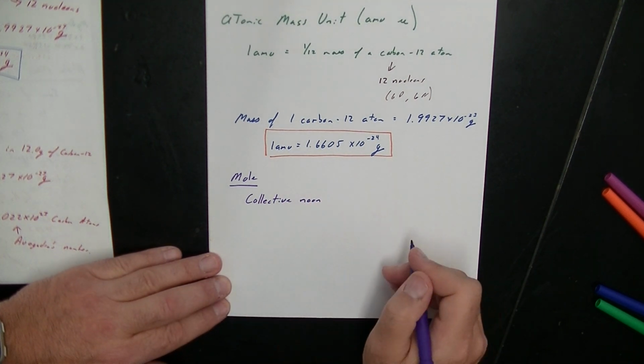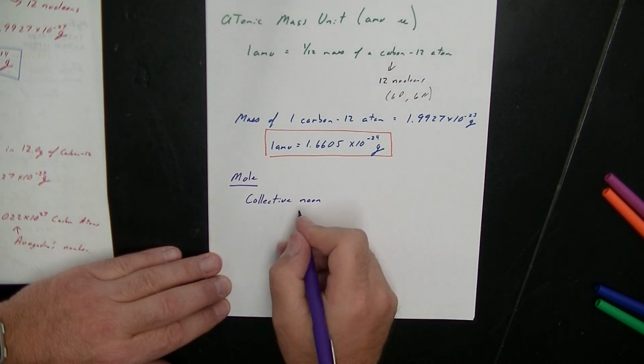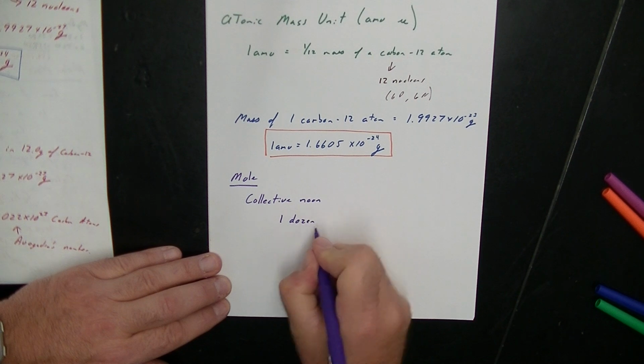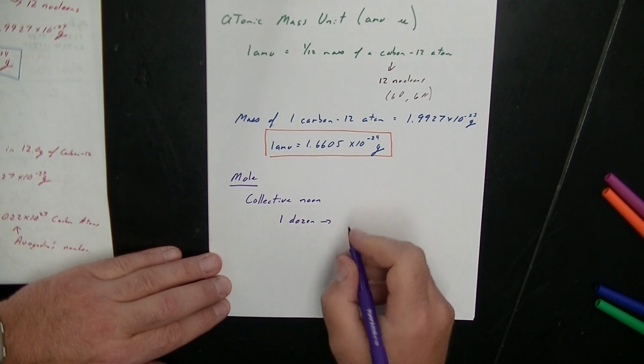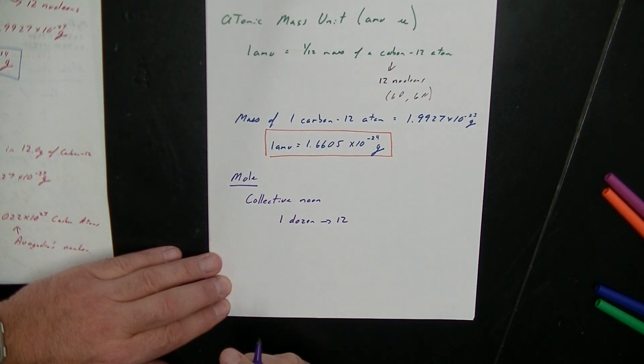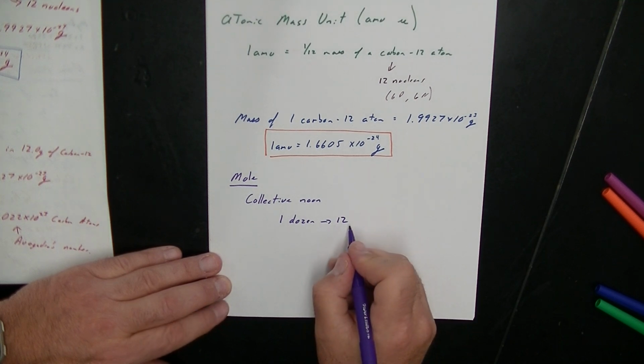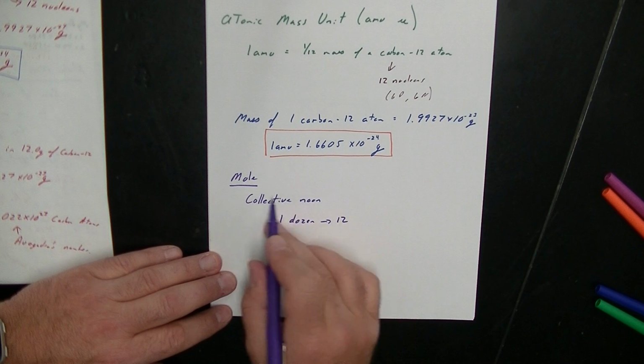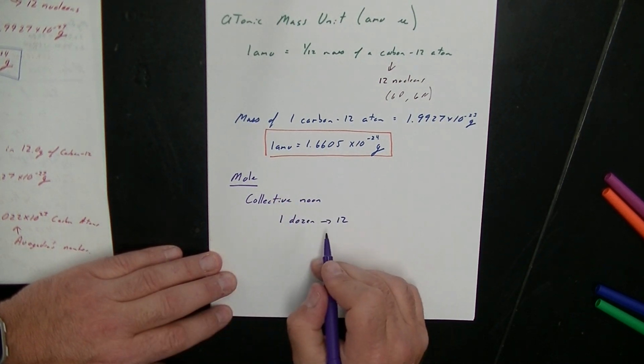You're familiar with collective nouns, so another example is 1 dozen. If I have 1 dozen of something, that means I have 12 of them. Baker's dozen is 13. A gross is 144. So there's lots of different types of collective nouns.